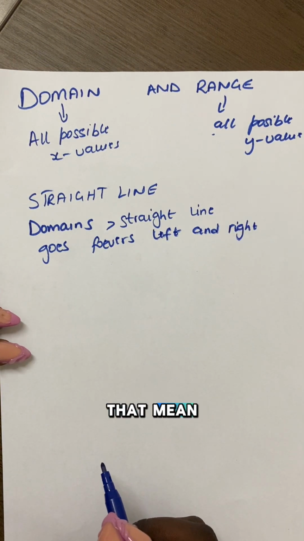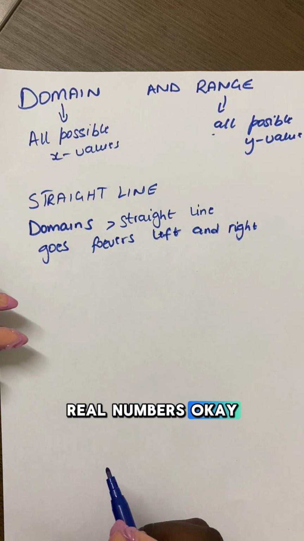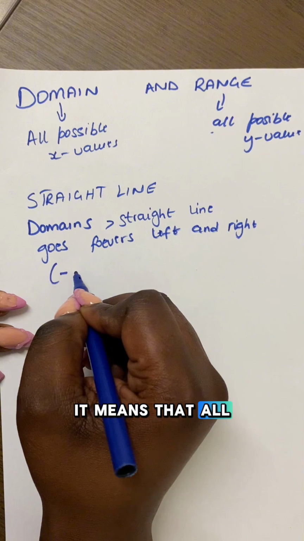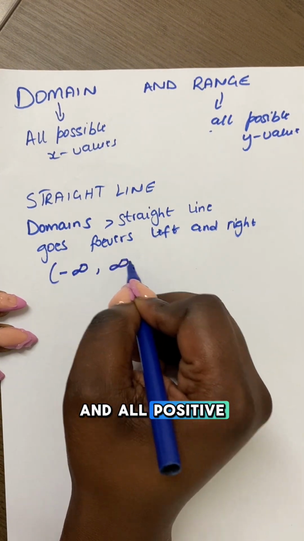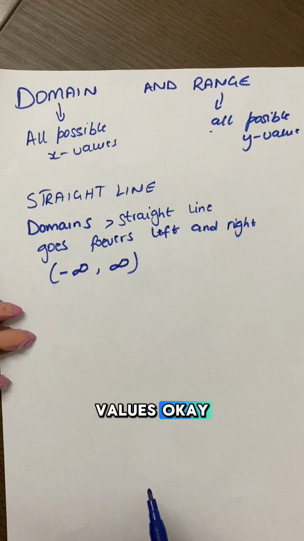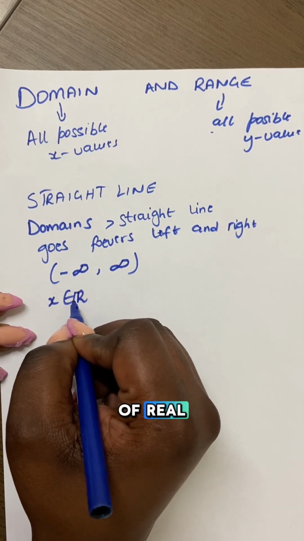What does that mean? It means all real numbers, all negative values and all positive values. You can also write it like this: x is an element of real numbers.